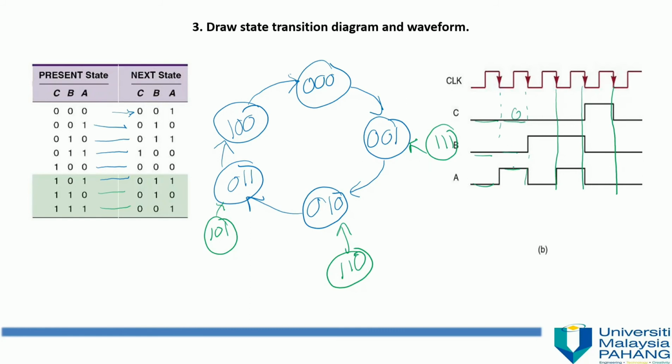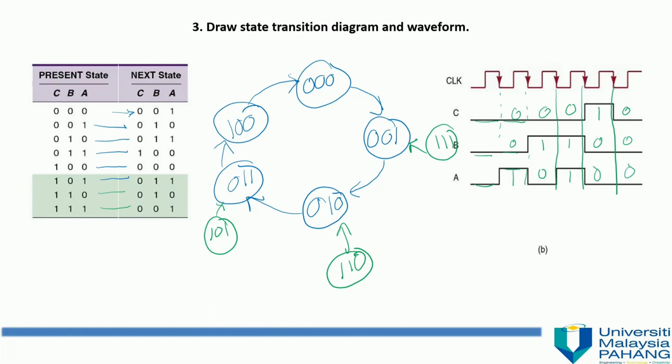Then the next clock is 0, 1, 0. Then the next clock is 0, 1, 1. And the next clock is 1, 0, 0. And it repeats back to 0, 0, 0 on the next clock.